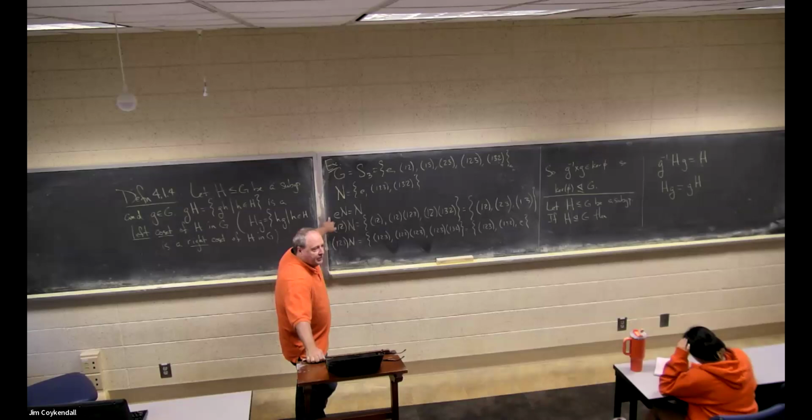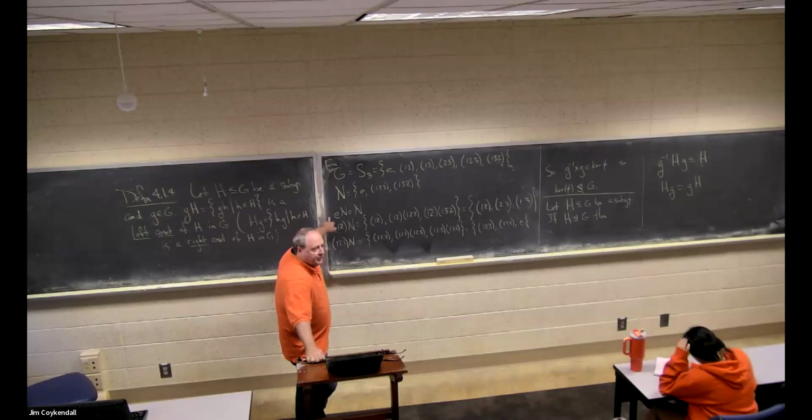How about this? 1, 3, 1, 2. So this is 1, 3. And the other element, 1 goes to 2, 2 goes to 3, and 3 goes to 1. You can check if this is also 1, 2, 3. And actually, there's only one more.